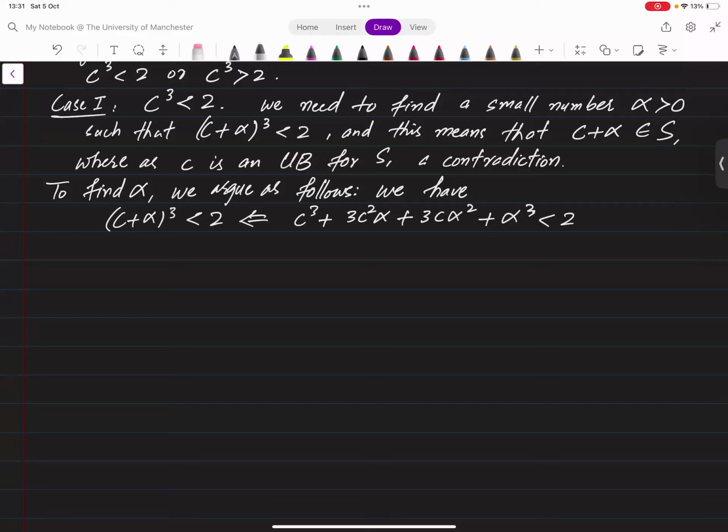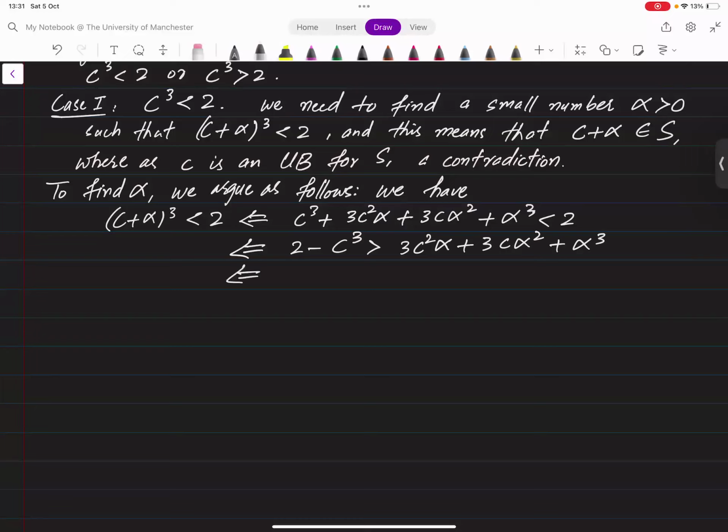Now the latter term implies this. And then again, this previous one is implied by 2 minus c cube is greater than 3c square alpha plus 3c alpha square plus alpha cube.